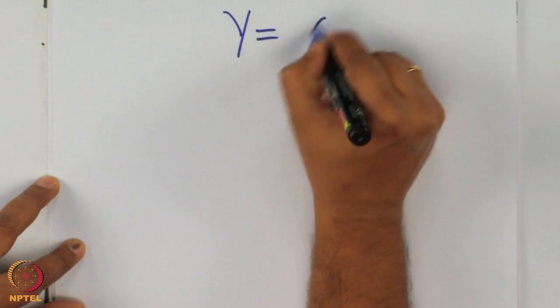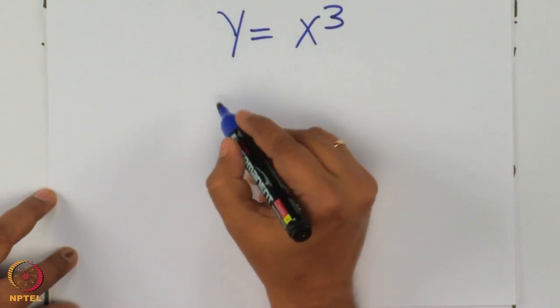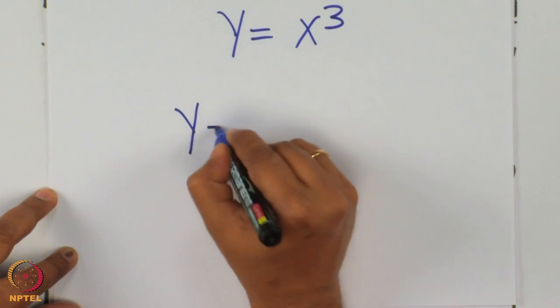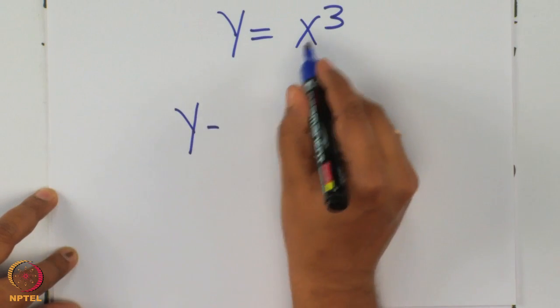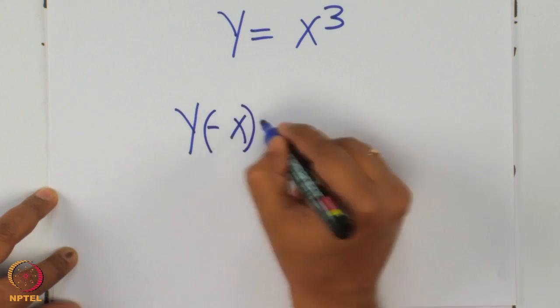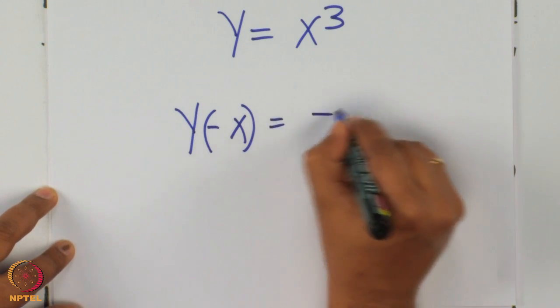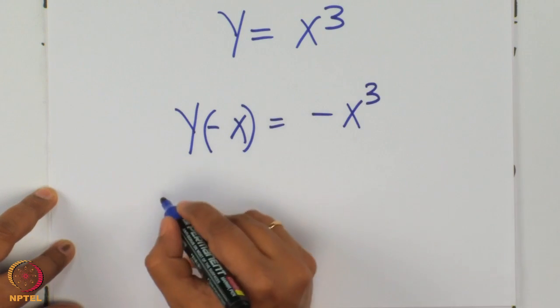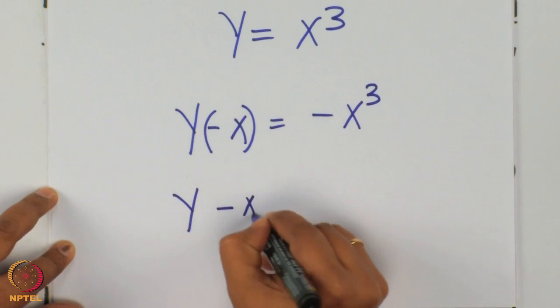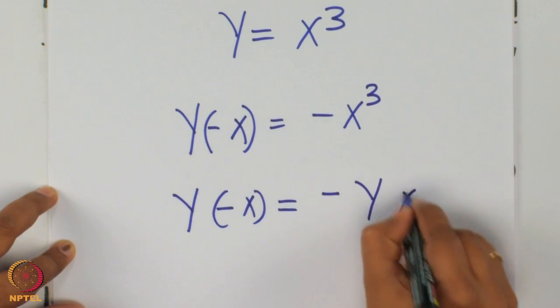We had y is equal to x cubed, so our function is x cubed. Now we want to write y of minus x, and we saw that this is minus x cubed, and what we want to say is that y of minus x is equal to minus of y of x.